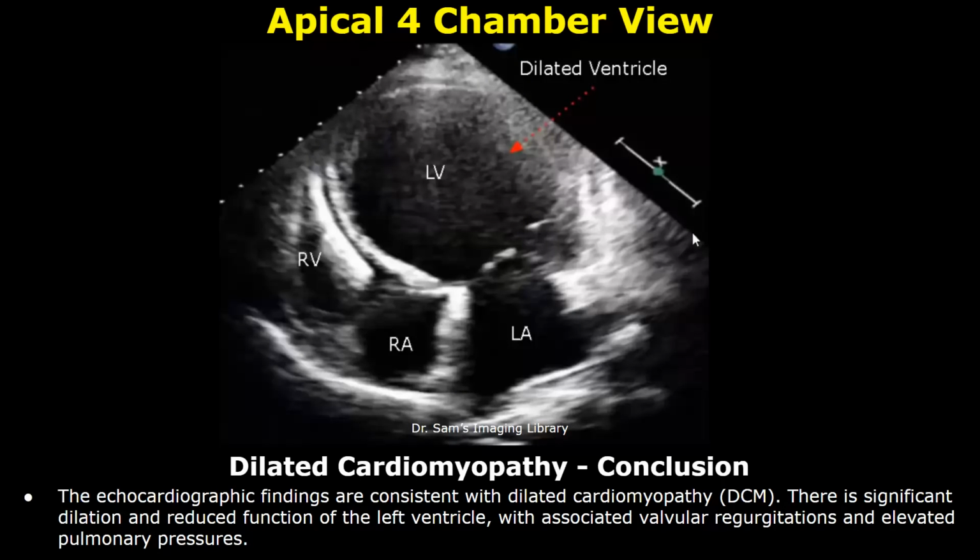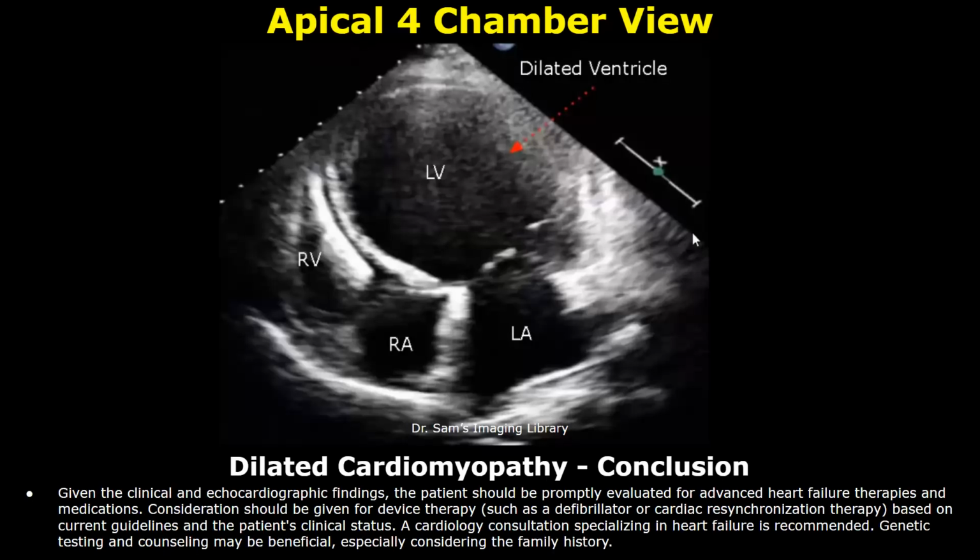There is significant dilation and reduced function of the left ventricle with associated valvular regurgitations and elevated pulmonary pressures. Given the clinical and echocardiographic findings, the patient should be promptly evaluated for advanced heart failure therapies and medications.